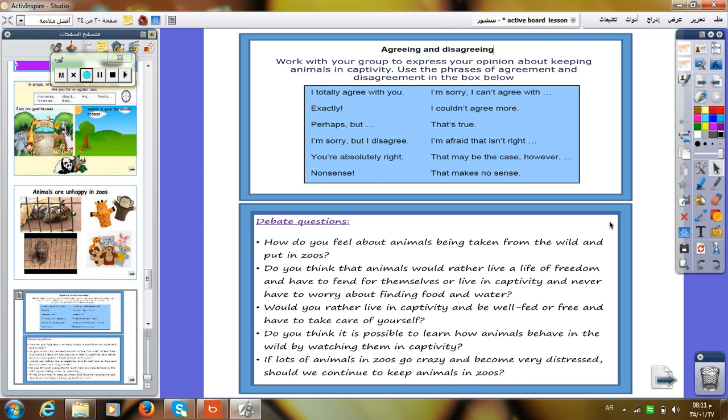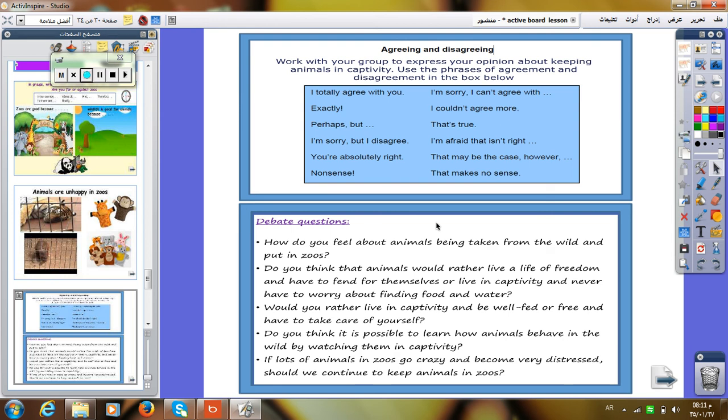Here we have a case study, and they are going to have a debate after watching the role play. The students are going to discuss and analyze the case with these questions, using the debate questions, and they are going to express their opinion about keeping animals in captivity.